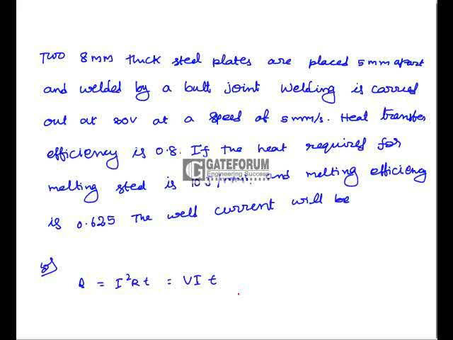The efficiencies are given: heat transfer efficiency is 0.8 and melting efficiency is 0.625. It is mentioned that the heat required for melting steel is 10 joule per mm cube. So the real heat required is equal to 10 joule per mm cube into the volume of the weld bead.